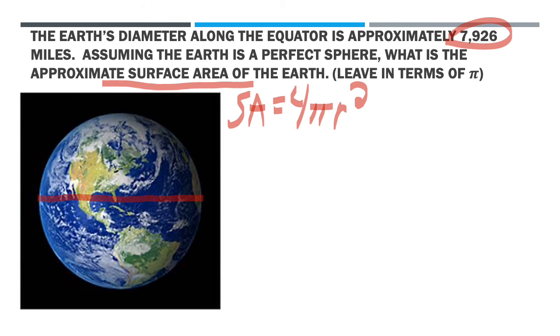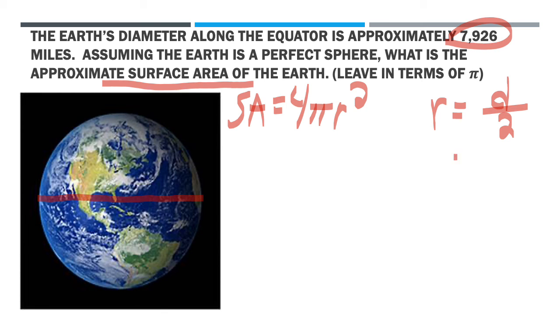But we don't have the radius. I know you guys are becoming pros. How do I find that radius again? Absolutely. You know that the radius is the diameter divided by 2. It's basically half of the diameter.